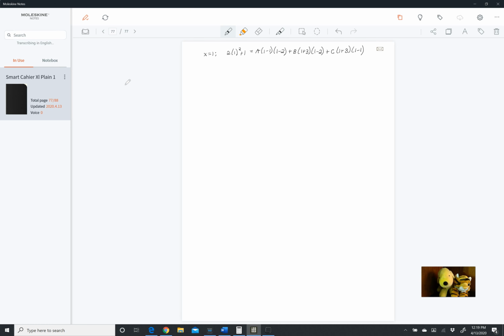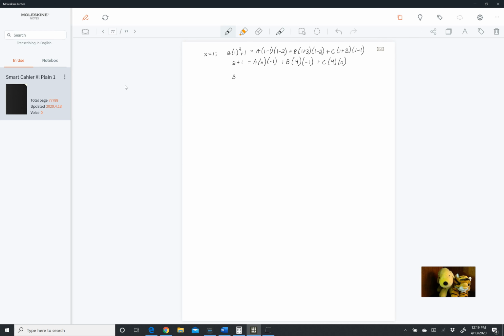You may automatically say, okay, the a and the c go away. We don't have to do that extra step. I'm doing it here just so that you see it more clearly. So 1 squared is 1, so times 2 is 2. So we get 2 plus 1 is equal to a times 0, which should happen. You should always double check for that. Times negative 1, plus b times 4 times negative 1, plus c times 4 times 0.